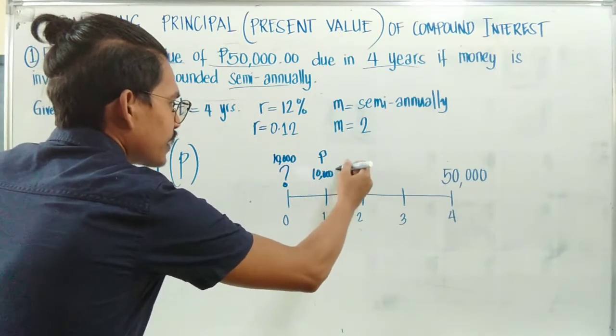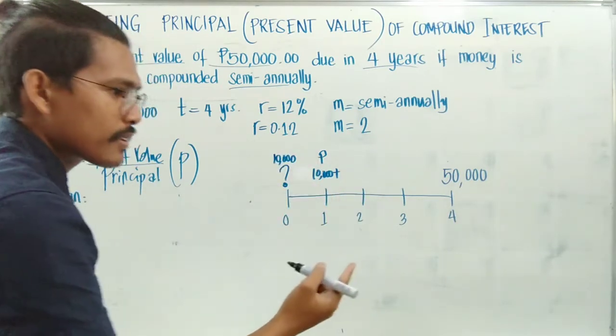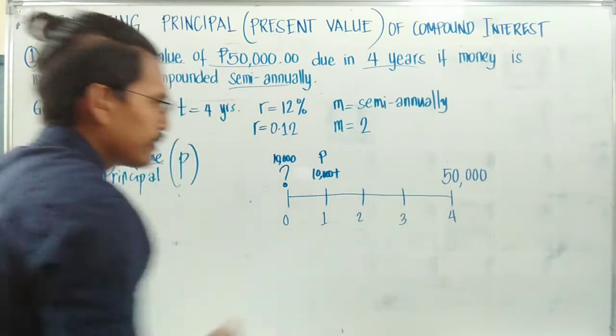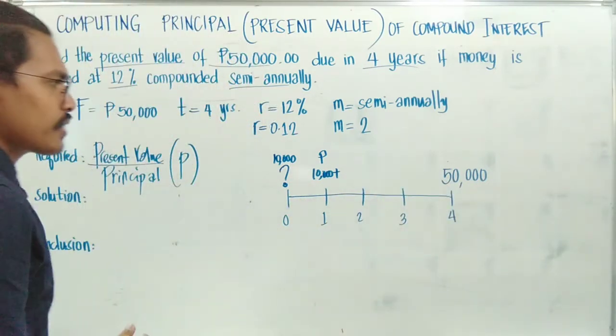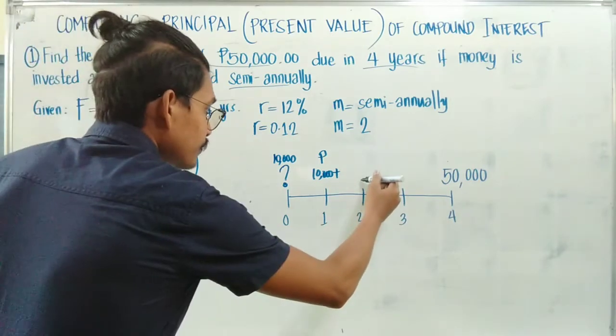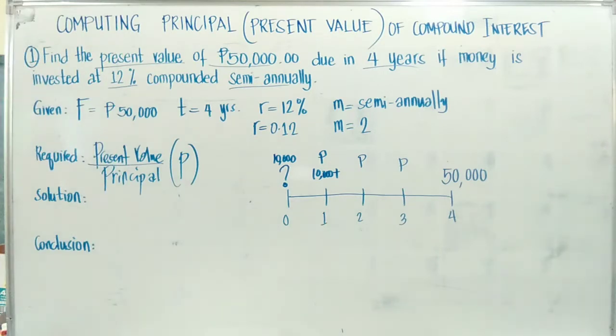So I will denote it as 10,000 plus. So it will increase each year, okay, until it arrives at 50,000. That is why it keeps on changing every year.